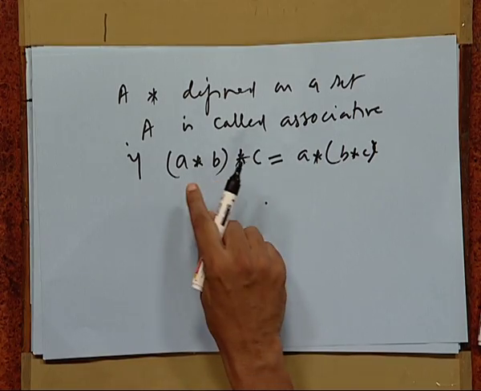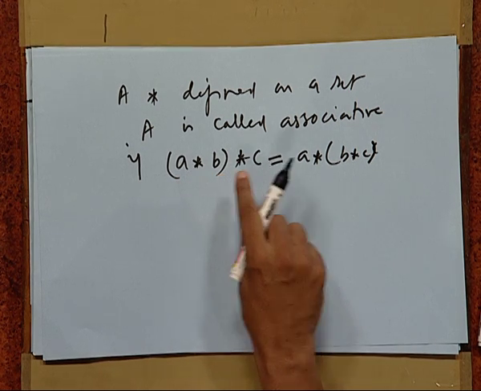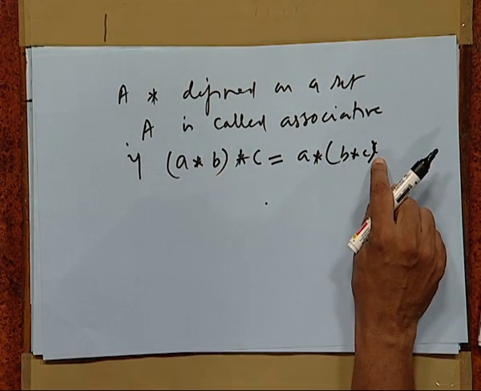You may notice here, in the first case the bracket is with A and B, whereas in the second case the bracket is with B and C.